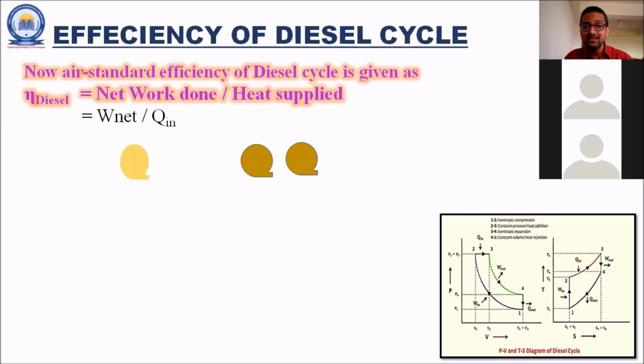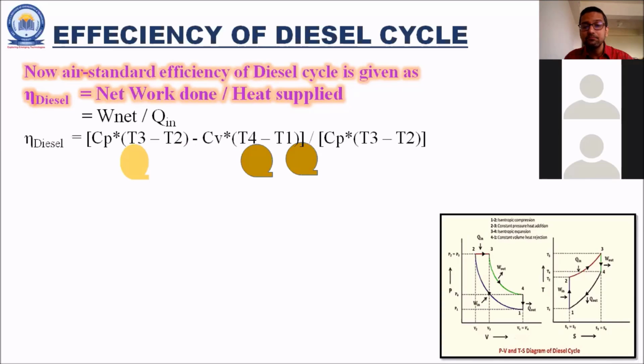Now the air standard efficiency of the diesel cycle is given as eta diesel, that is equal to net work done divided by the heat supplied, that is Q in. Substituting the values of W net and Q in, I am getting Cp (T3 minus T2) minus Cv (T4 minus T1) divided by Cp (T3 minus T2).